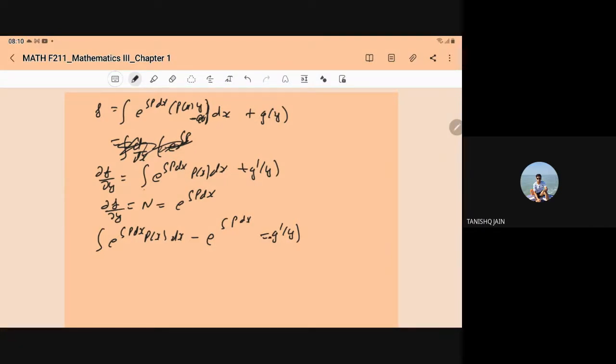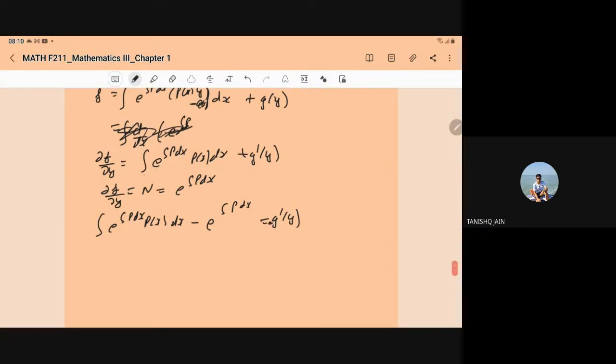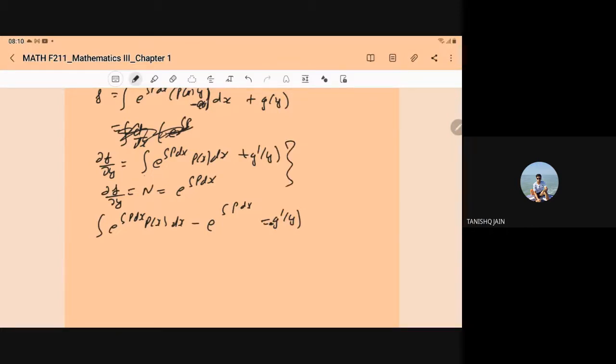Minus, here you write the minus, no problem. Right. So if you combine these two, so here we have the e to power integral P dx minus integral e to power integral P dx into P(x).